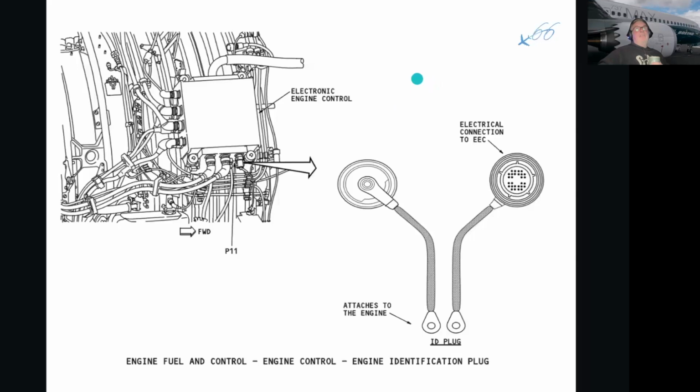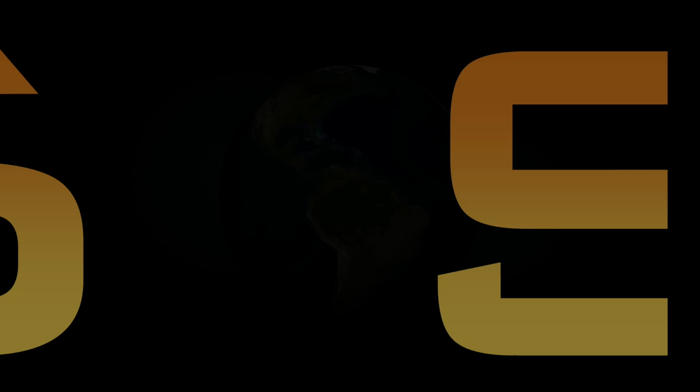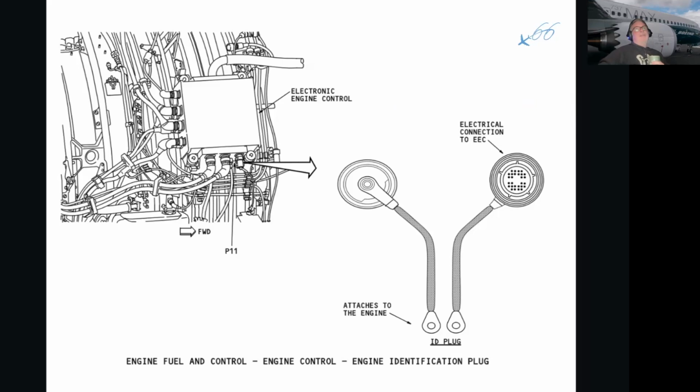When we say configuration data, what do we mean? What type of engine is it? 7B, for example. What the N1 trim is, what the thrust rating is, what the engine condition monitoring is, the engine combustor configuration, etc. So it's a fairly important thing, and it stays with the engine because the engine is what determines the configuration and what the EEC has to work to.